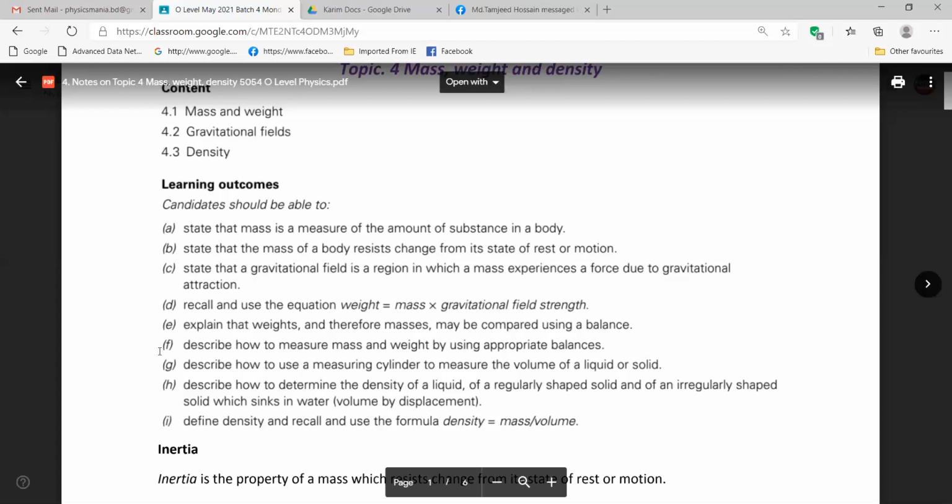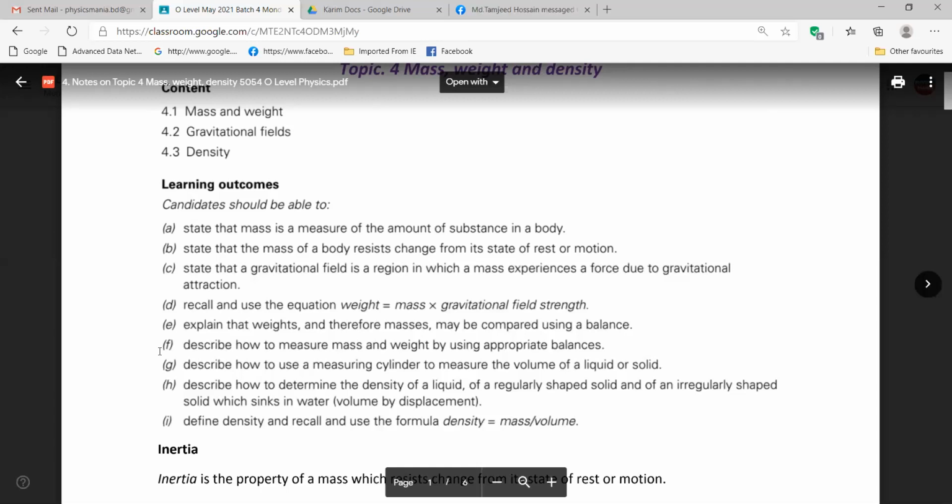Because that is out of the range of gravitational field. Once you are getting inside the gravitational field, then you can feel that you are falling downwards, right? But outside the gravitational field, you are floating, you are weightless.